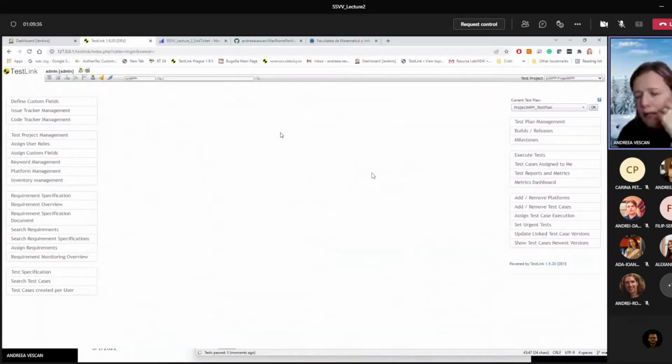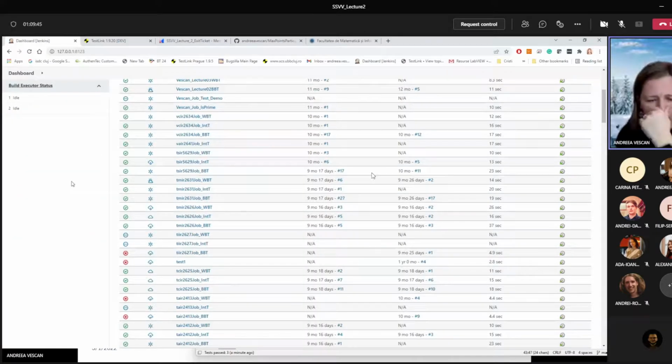In here I have all the test planning tools that we talked about earlier, and Jenkins is just a tool that can help me build and execute the test cases that I have created in each phase of the development.